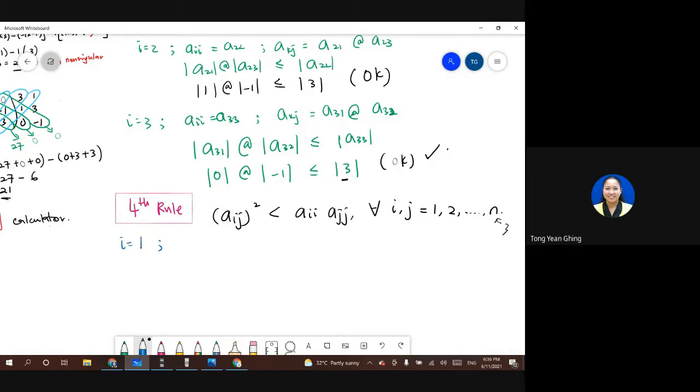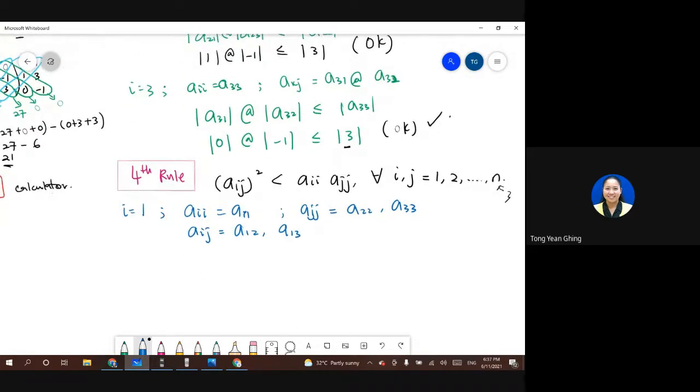So A_II becomes A11, A_JJ becomes A22 and A33, so A_IJ will be A12 and A13.